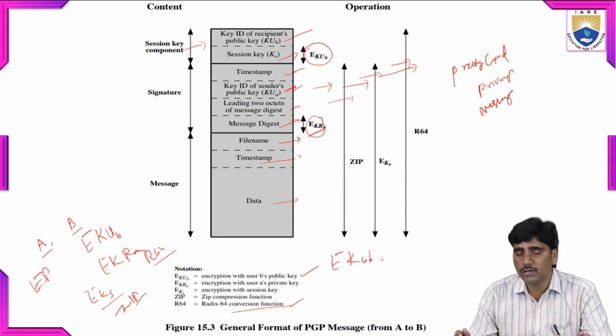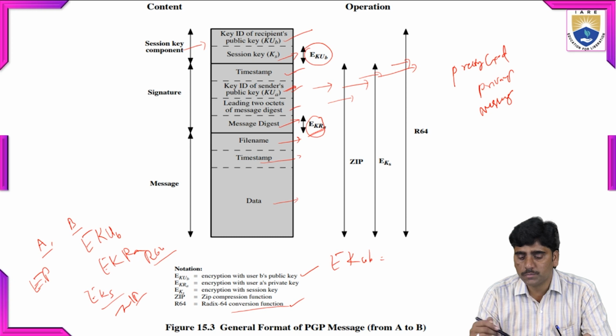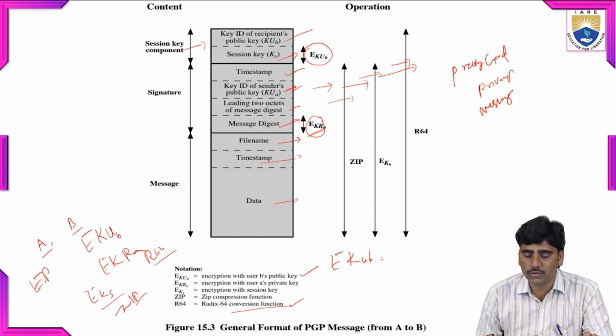The fields in the message format contain both key IDs and the generation of the key IDs along with the private or public keys. The next are the session key components, the signature, message, and the zip conversion. These are all the fields in the compression of the PGP message.